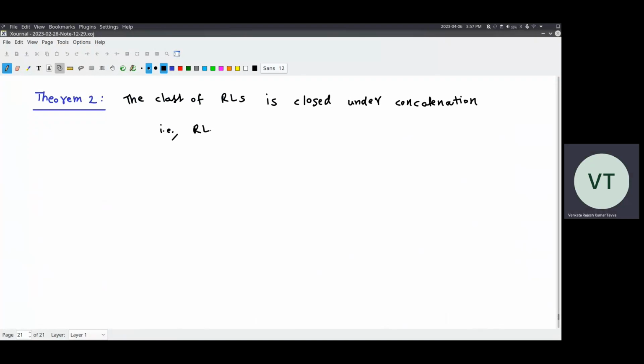That is RL1 dot RL2 is RL3. Okay. But proving this is not as simple as proving union. This is slightly complex. We can prove it using the previous kind of method, but it's more complex. To make it simpler, we need to introduce a new concept.